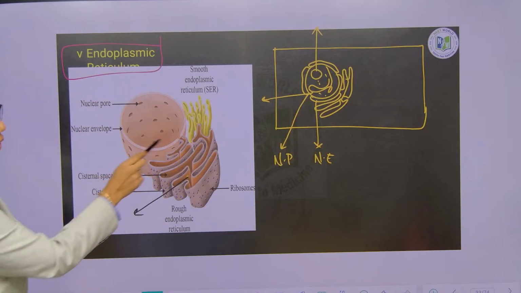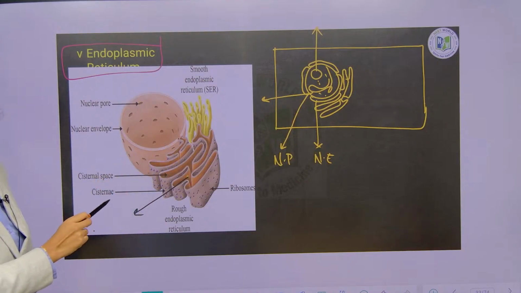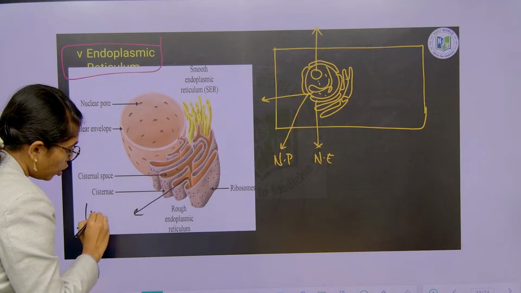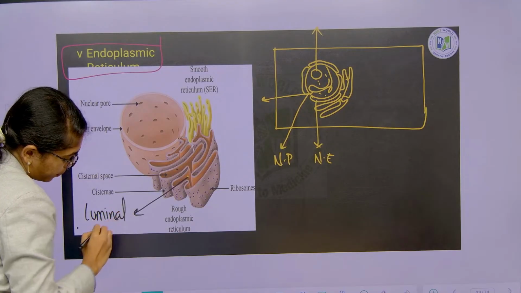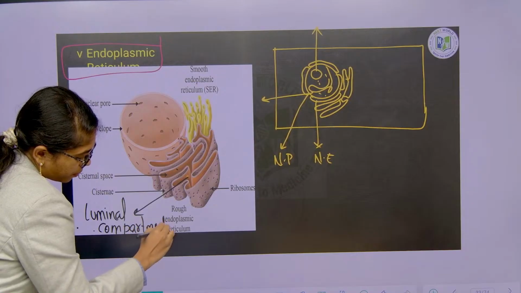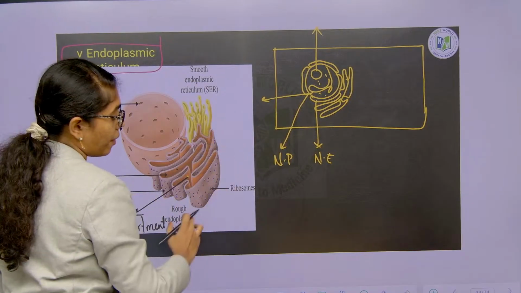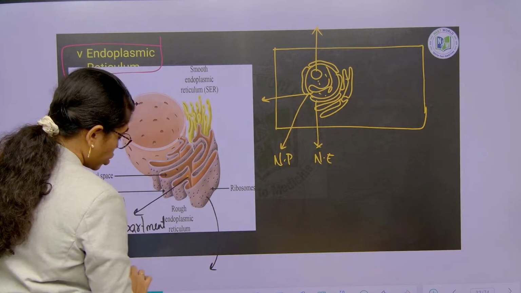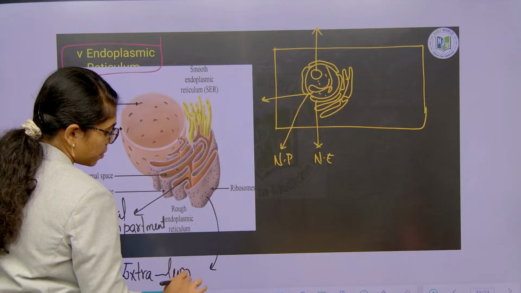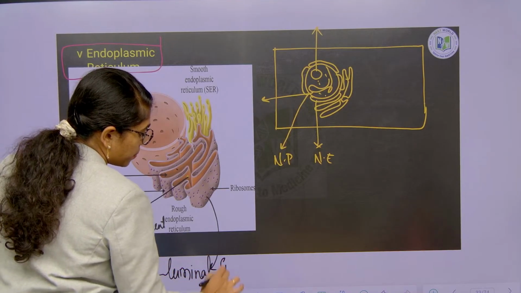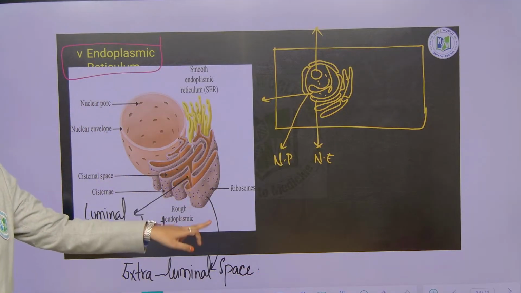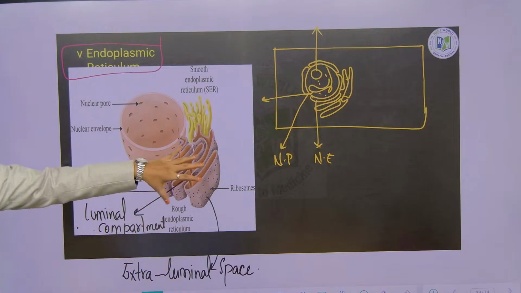These are the extensions of the nuclear envelope, creating some space inside, which is known as the luminal compartment. And the space away from this is known as the extraluminal compartment or extraluminal space. This is the luminal compartment and the extraluminal compartment, formed by the network of endoplasmic reticulum.